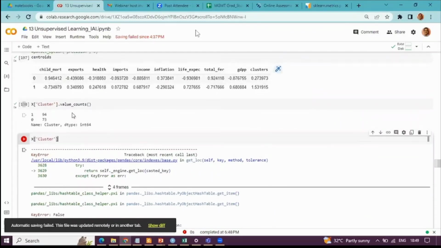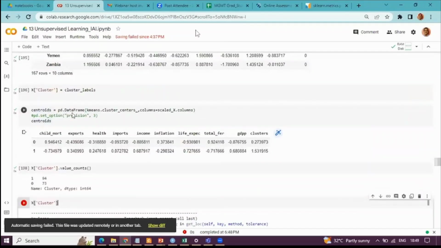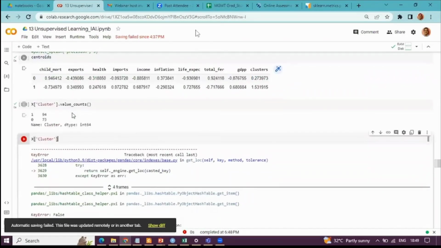We can do a filtration with respect to which of the countries are having a 0 and which of the countries are typically having a 1, and based on that we can classify the countries.